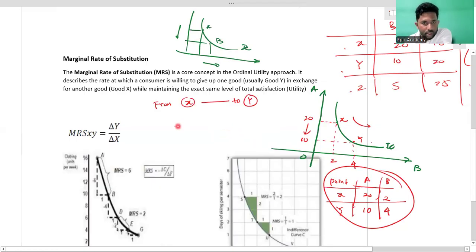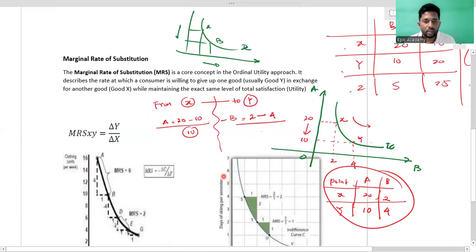So he reduced the consumption of A commodity from 20 to 10. That means he sacrificed the consumption of A commodity 10, isn't it? For what? To increase the consumption of B commodity from 2 to 4.